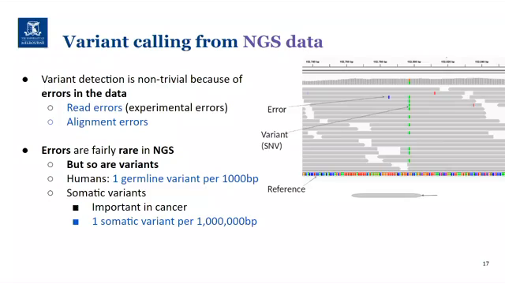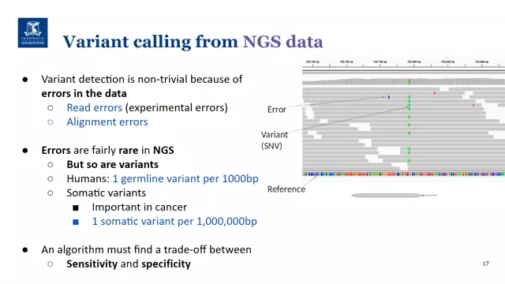An algorithm that does variant calling needs to identify a trade-off between 2 things: sensitivity and specificity. What's sensitivity and what's specificity? Anyone knows what sensitivity is? How many percent of the true variants have you detected?